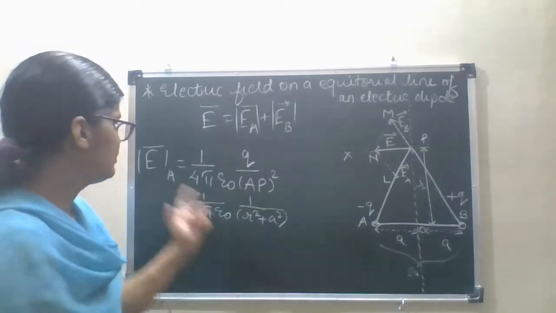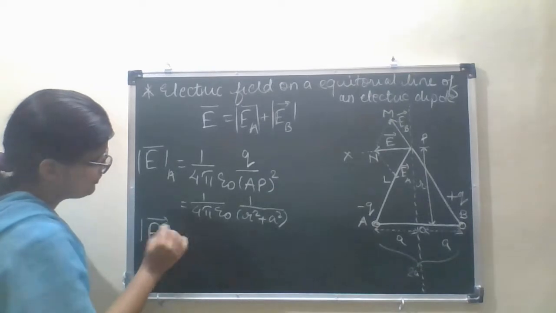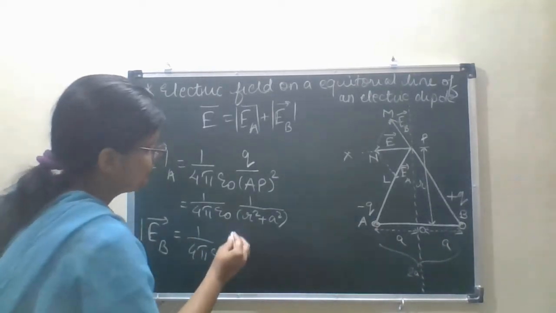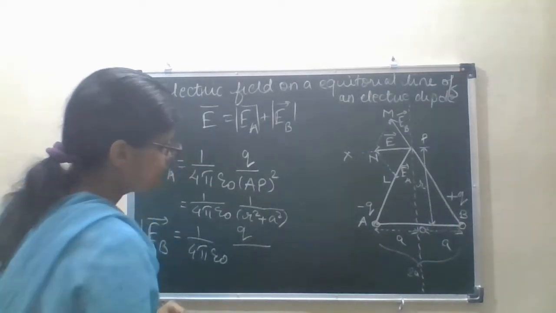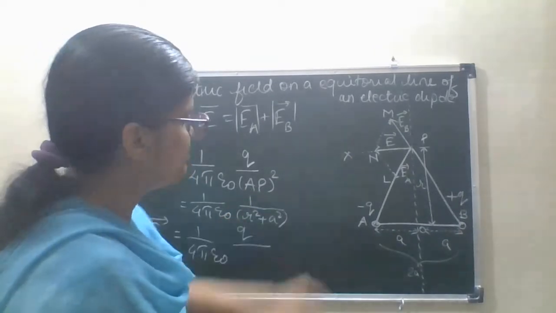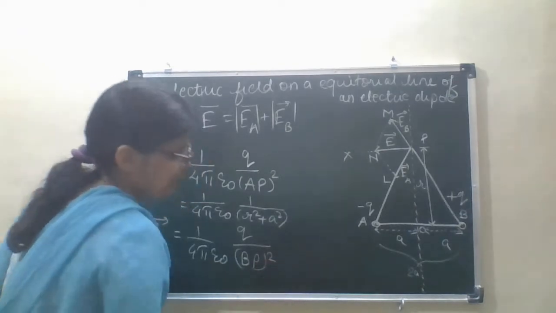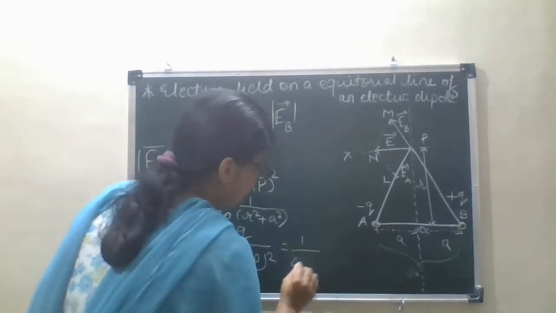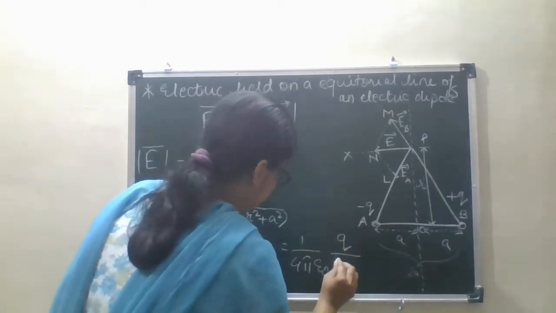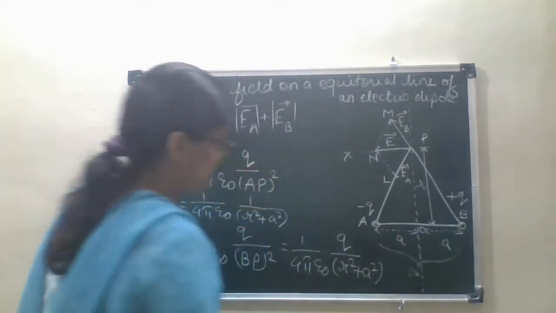Is this correct? Yes. Now similarly we can write the equation for EB, which is 1 upon 4 pi epsilon naught, q upon BP square, and further the equation will be 1 upon 4 pi epsilon naught, q upon r square plus a square.